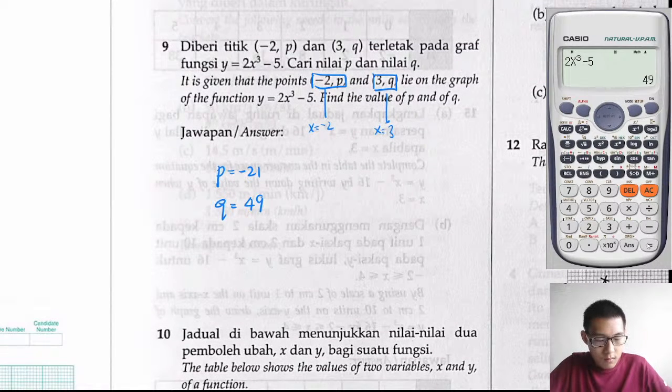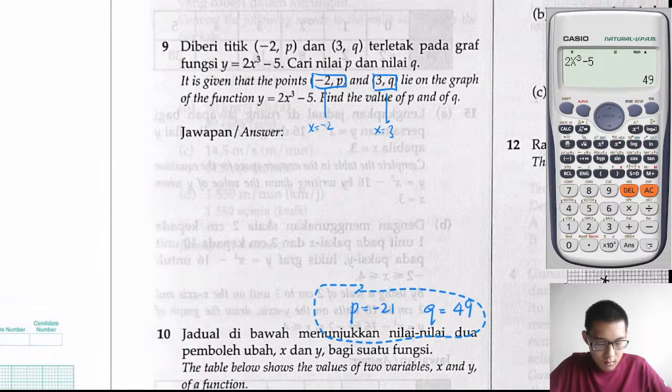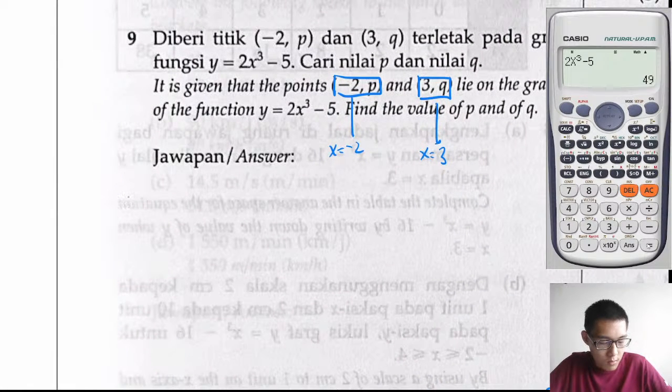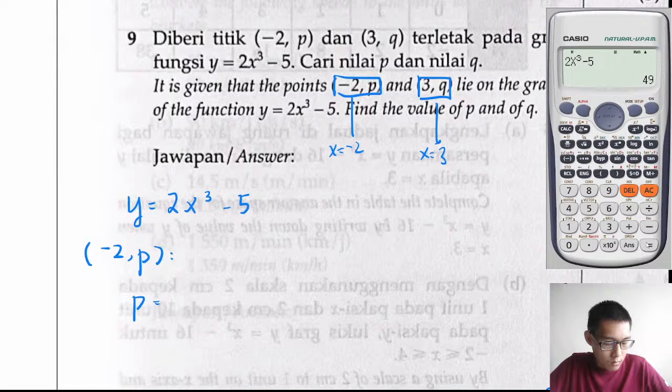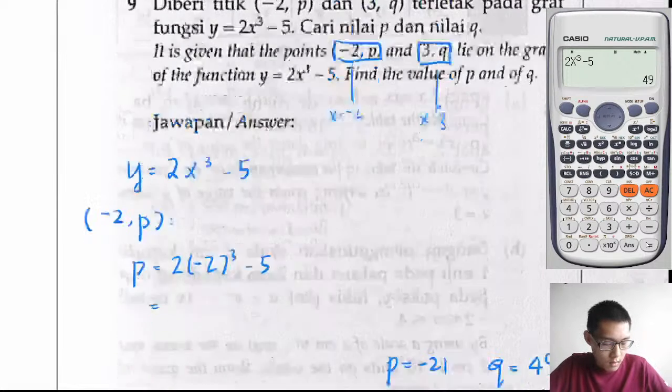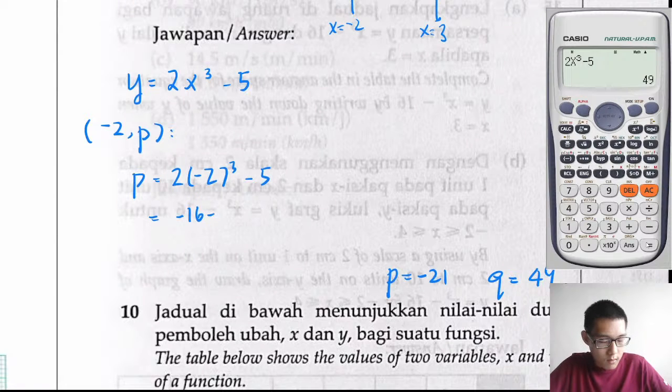But if you're answering a question in paper 2 or session C, I think we should try to substitute manually. So let's say we have y equal to 2x cubed minus 5. If I substitute -2 and p, we'll get p equal to 2 times -2 cubed minus 5. That means we will get -8 times 2, -16, minus 5 is -21, right?